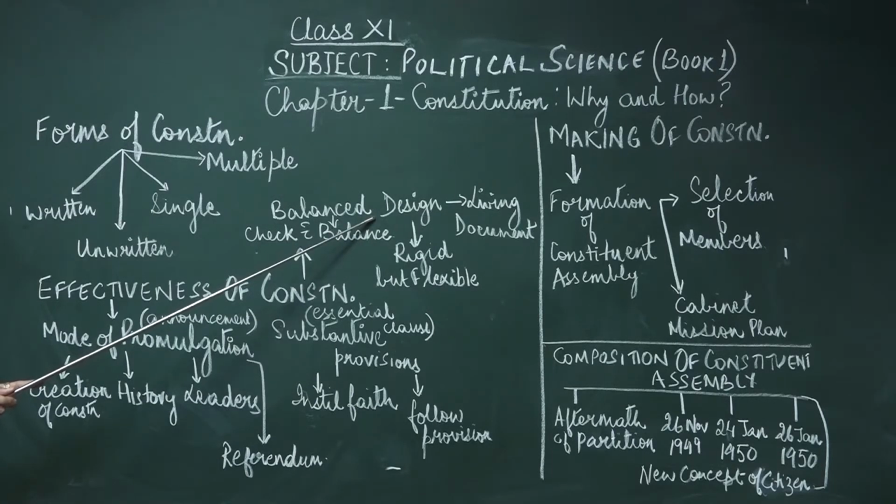The makers of the constitution knew that there would be a number of institutions to run a country, like our executive, legislature and judiciary. And so it was important to maintain a check and balance. It was important to see that all these three institutions run independent of each other.